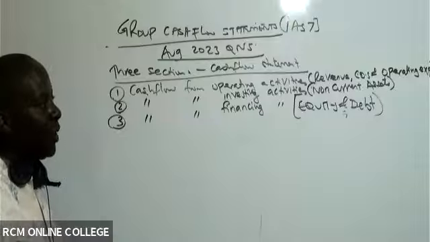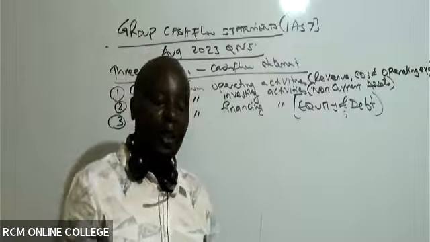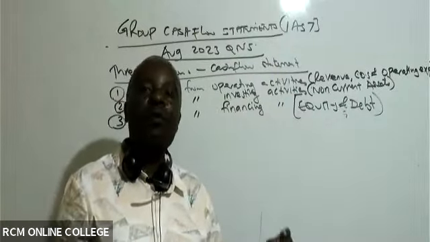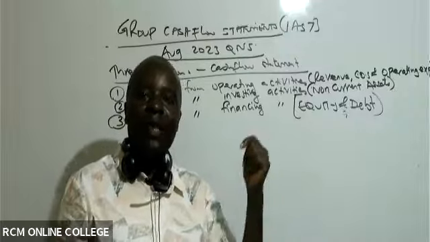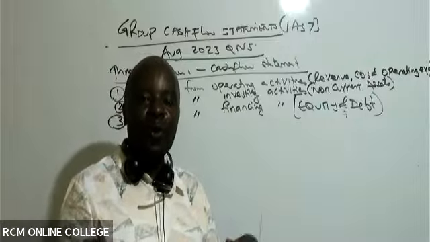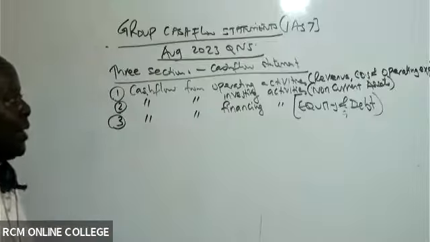So basically, we're looking at equity and debt. We shall be able to issue shares in the year, pay shareholders their dividends, and issue or redeem debt instruments, etc.